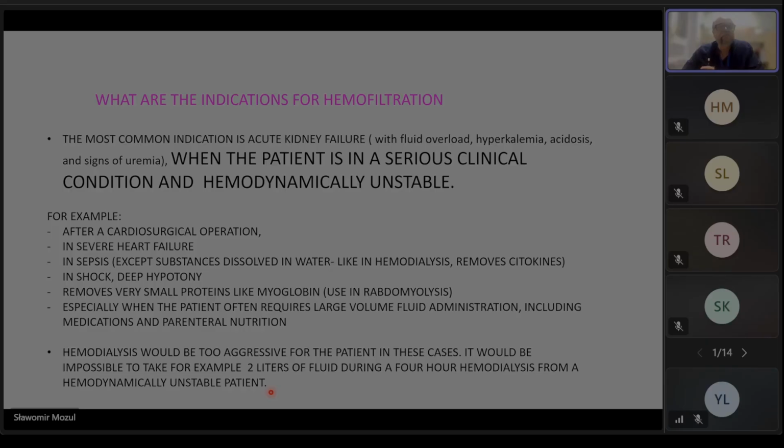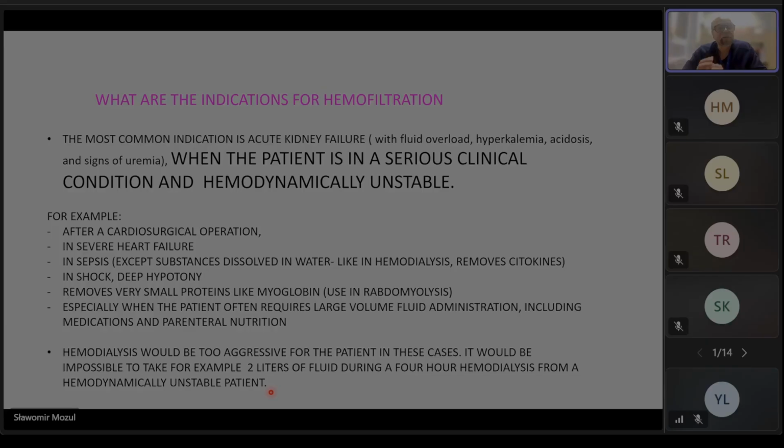This technique removes very small proteins like myoglobin, for example, in rhabdomyolysis, especially when the patient often requires large volume fluid administration, including medications and parenteral nutrition.